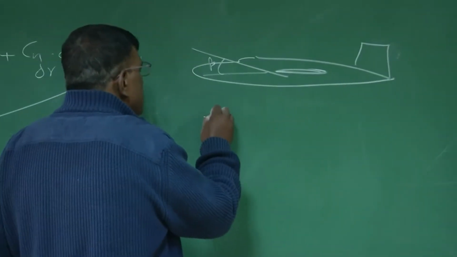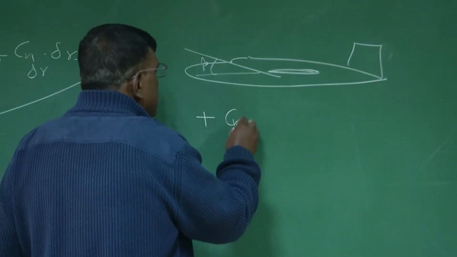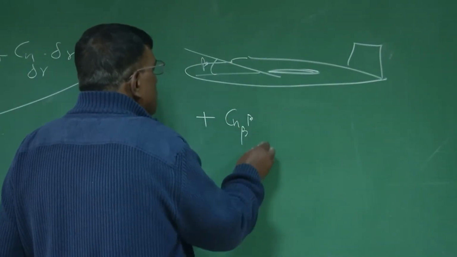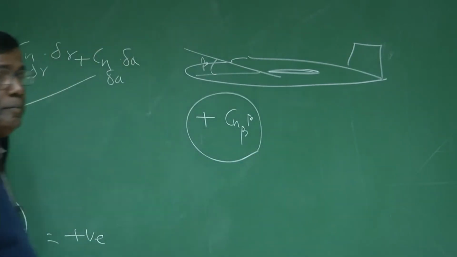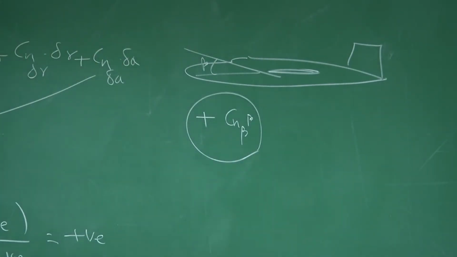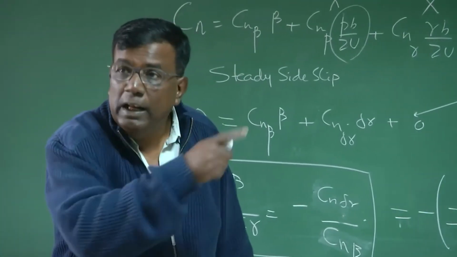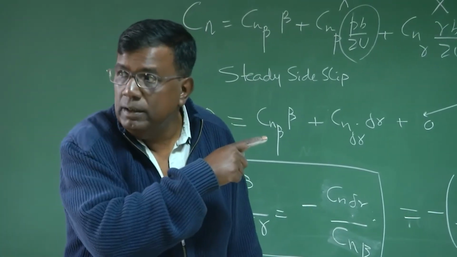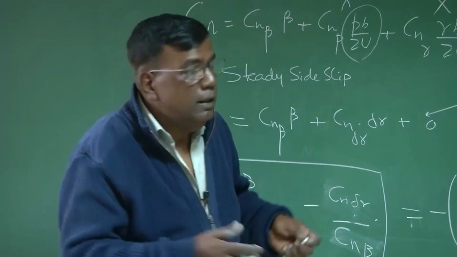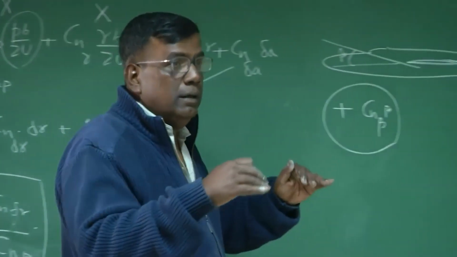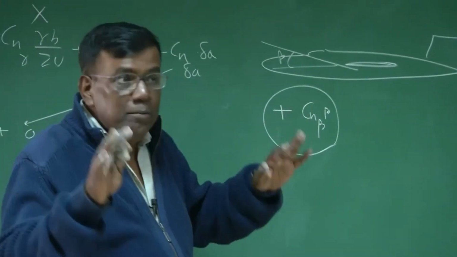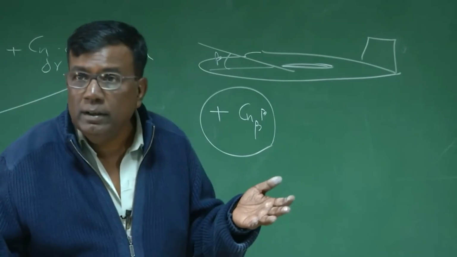So this contribution, Cn beta into beta, will be positive. But you want to hold it such that beta is constant. So you have to nullify this Cn beta into beta moment that will remain. So you have to give what type of moment? Negative moment.